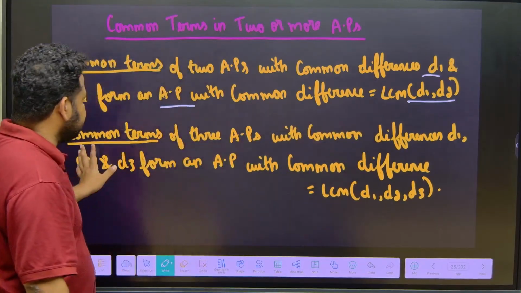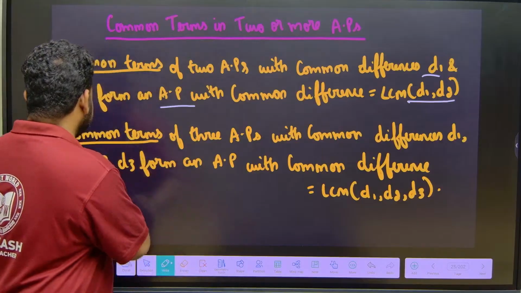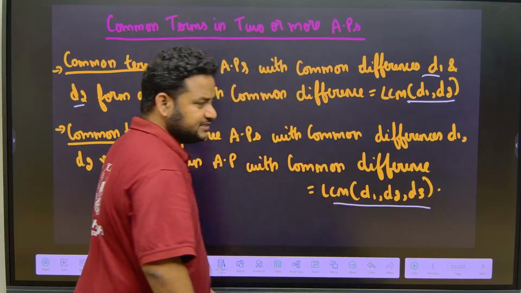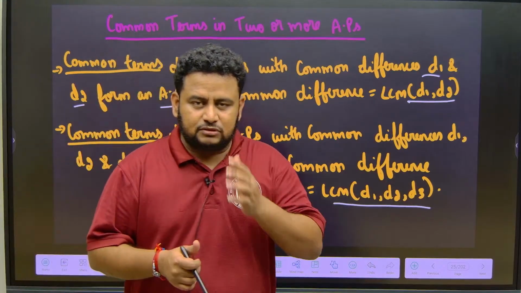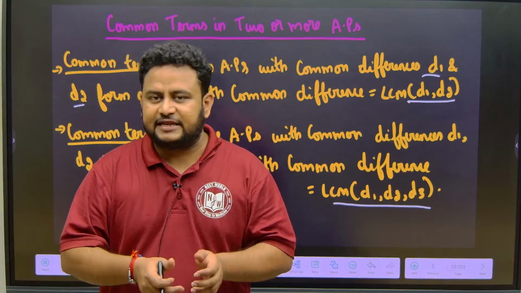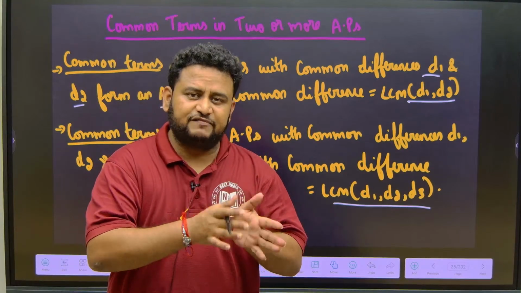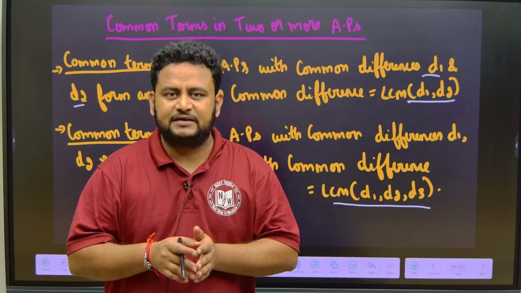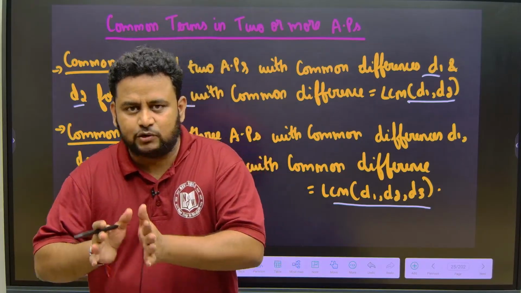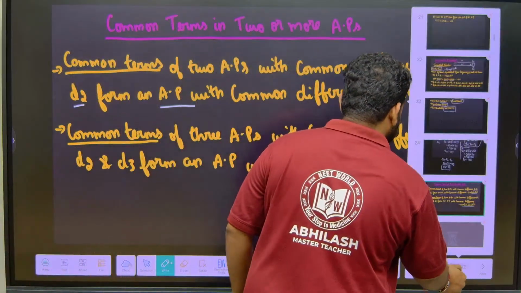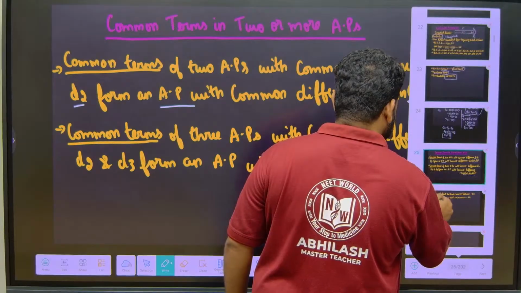If there are 3 APs, it will be LCM of D1, D2 and D3. Got it? So this is the meaning of it. Let us see some questions for this so that you will understand.